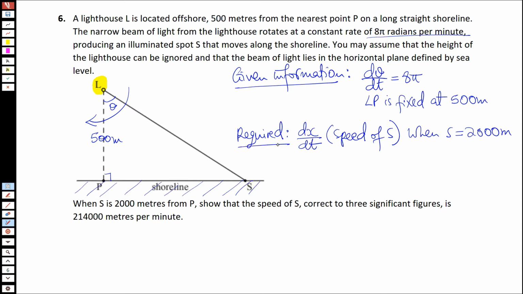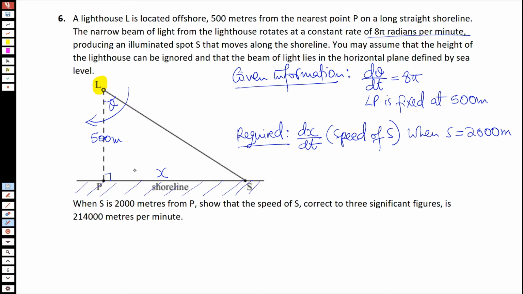Okay, so how do we start? From the diagram, of course, this is x, because this distance is changing. We want to find the rate of change of x when S is 2000 meters from P. From here, we have angle theta here, and then we have a right angle triangle.